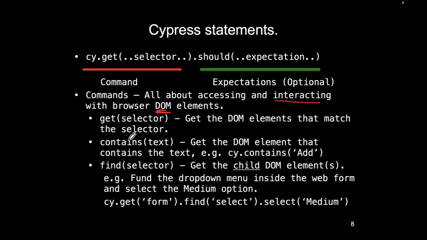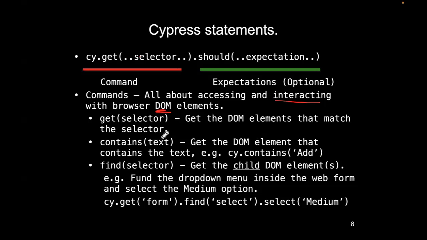Contains is another command, and with the contains command you actually specify a text string. What that will do is look for a DOM element that has that particular text string displayed on the screen.